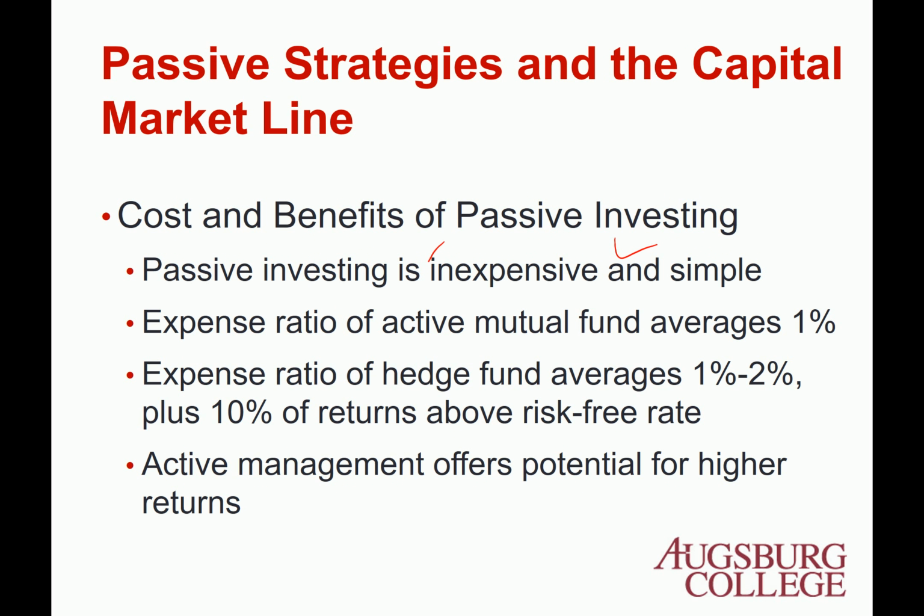Usually the cost is not that high, although you may lose some opportunity, like with active investment. The cost of active investment is about 1%. The expense ratio of an active mutual fund averages 1%, which means you have to pay about 1% as a cost for active management, to do security analysis.